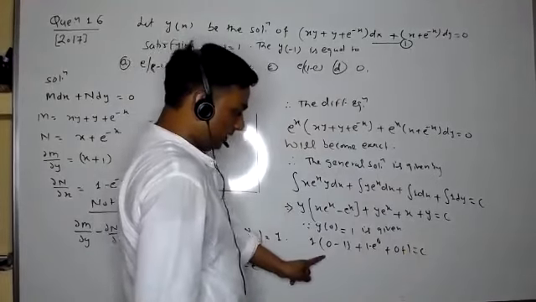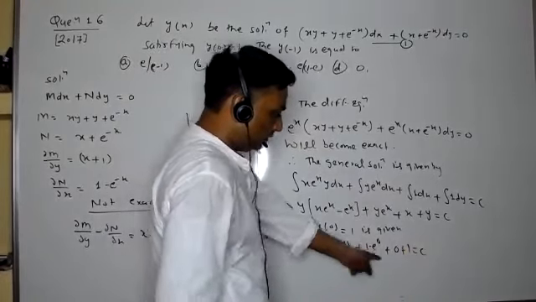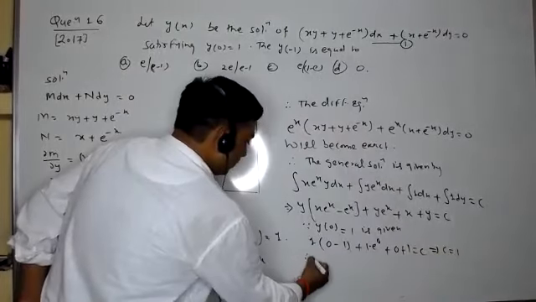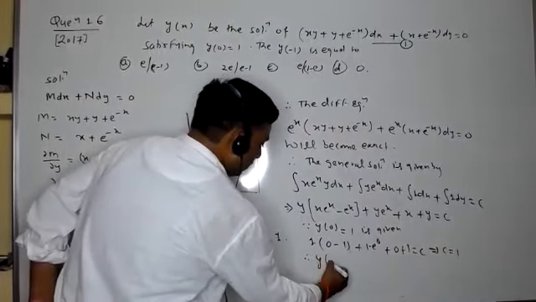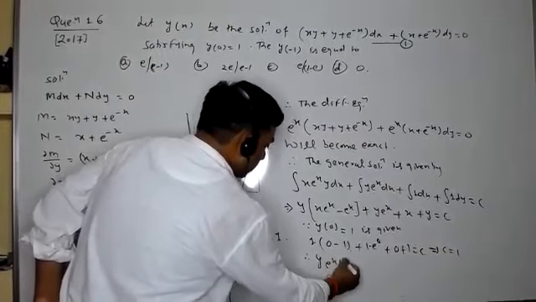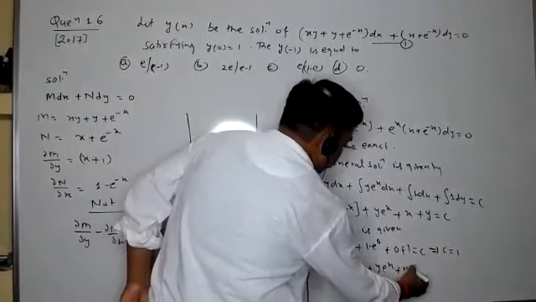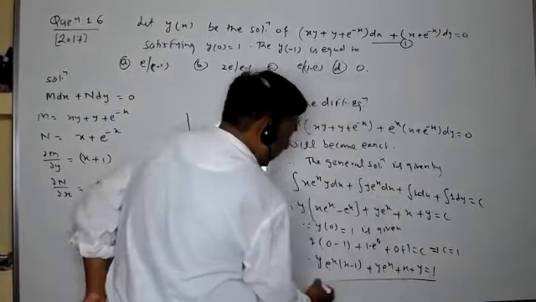So minus 1 plus 1 is 0, so you got the value of c as 1. So what solution did we get? y into e raised to the power x, minus 1 plus y equals 1.